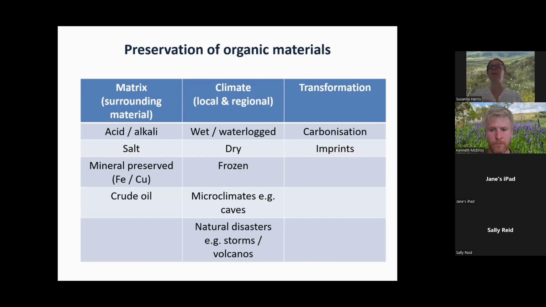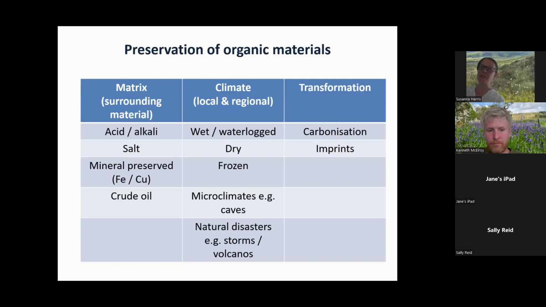Climate's very important, but another very important factor is the matrix. By that, we don't mean the film, but the surrounding soil matrix. What's the material, the chemistry of that environment? Preservation will depend on whether something's in a slightly acidic or alkali environment, a salty environment, also whether it's in contact with metals.